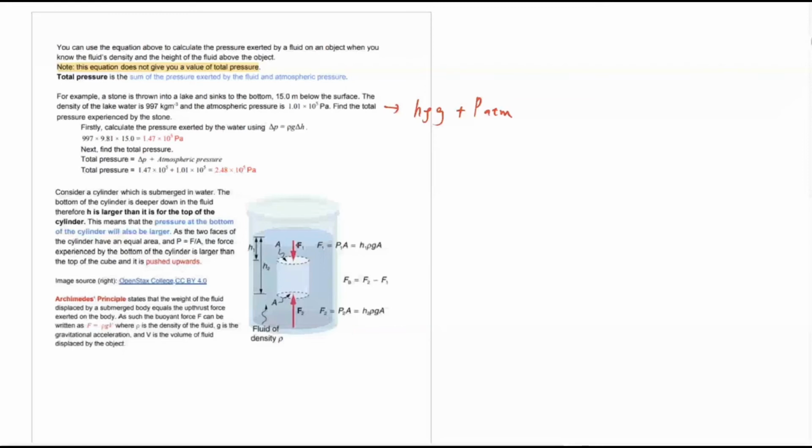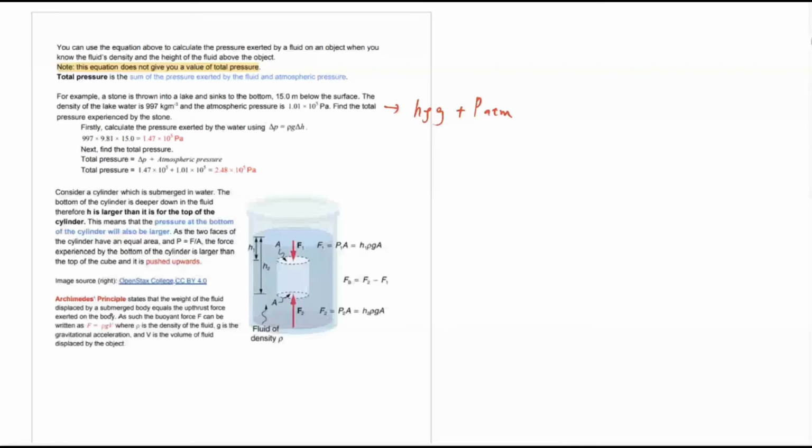Archimedes' principle states that the weight of the fluid displaced by a submerged body equals the upthrust force exerted on the body. You know upthrust is this one, right? F2 minus F1.